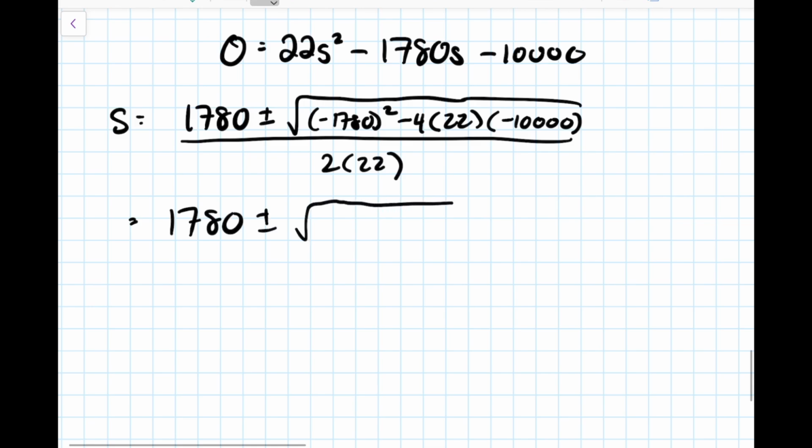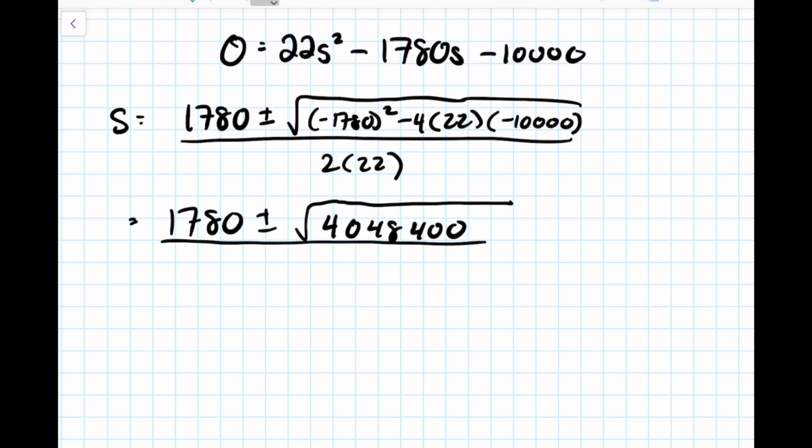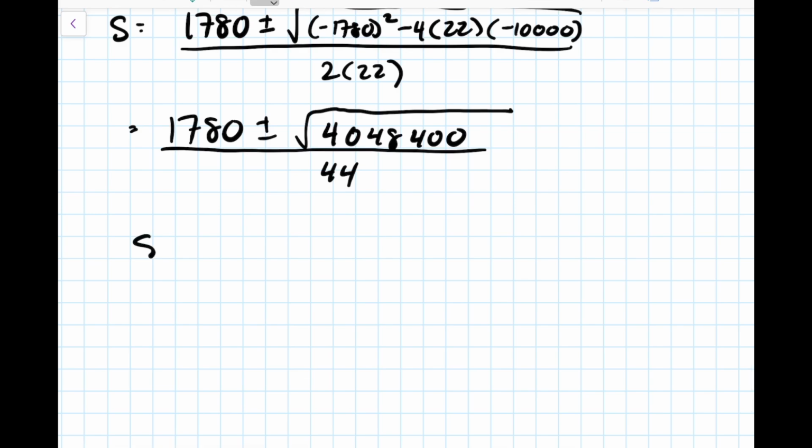And so if you do all of that stuff inside the root, you're going to get 4,048,400 all over 44. And so your two answers that you're going to get out of this are either s equals 86.18 or s equals negative 5.27.